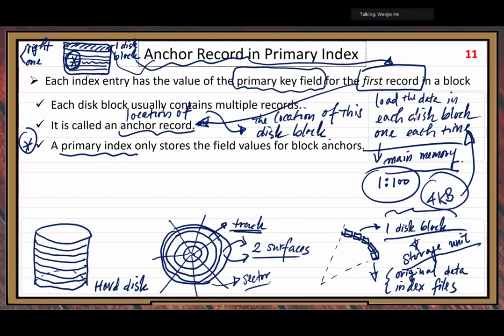By the ordered data information, you can predict that the data to be searched is in this particular disk block.